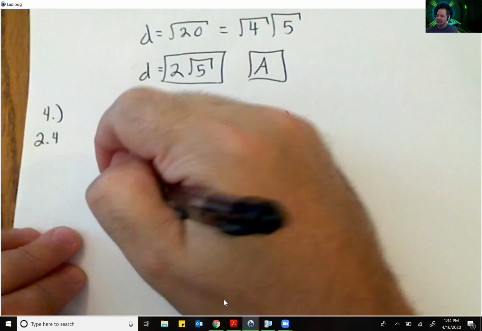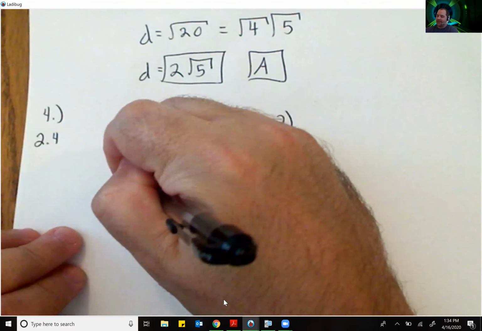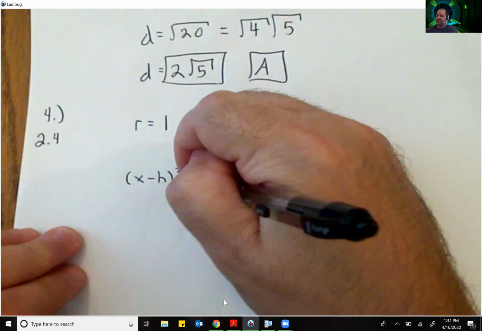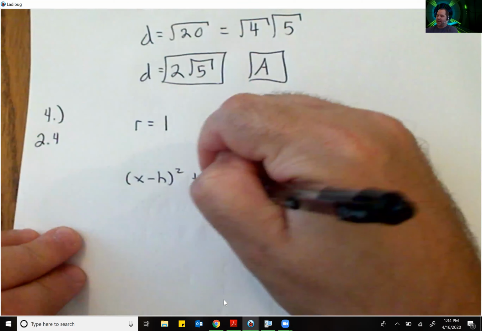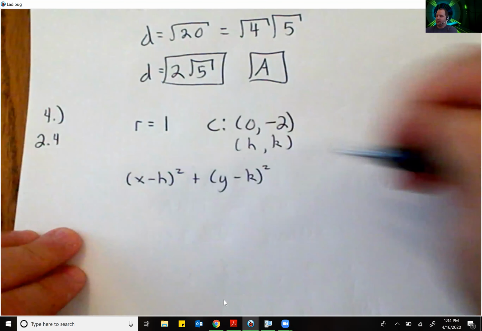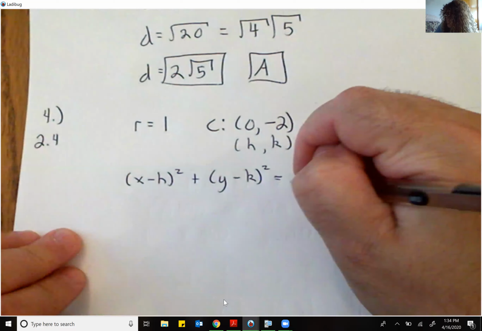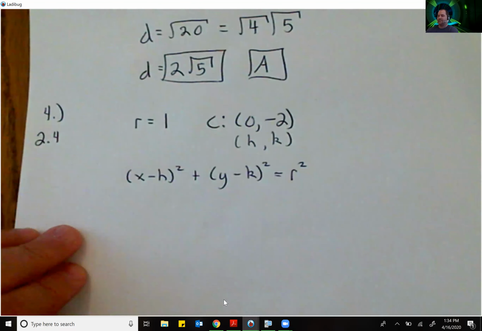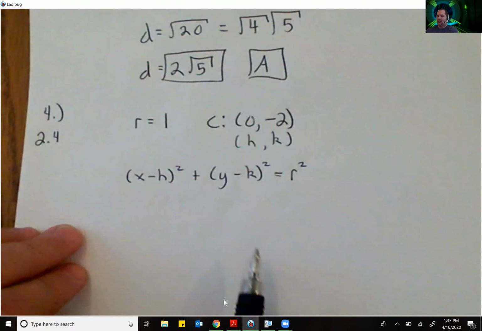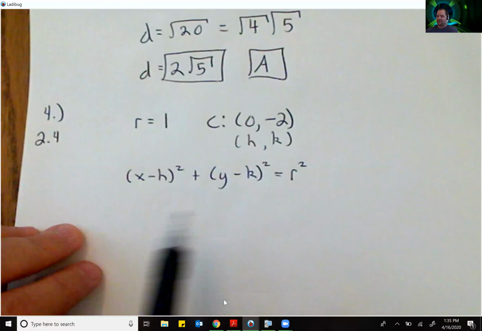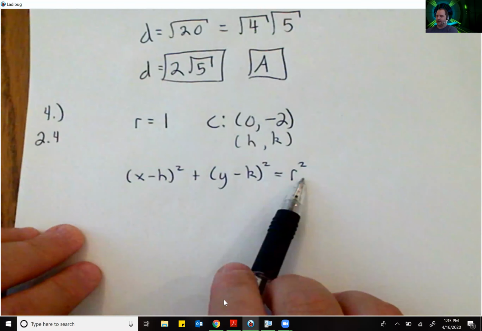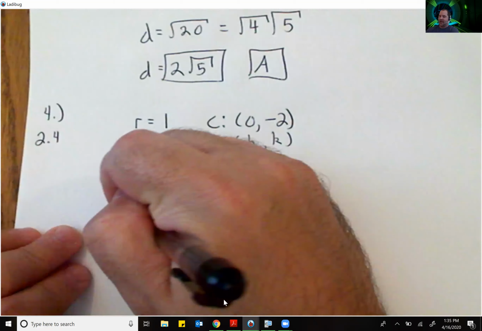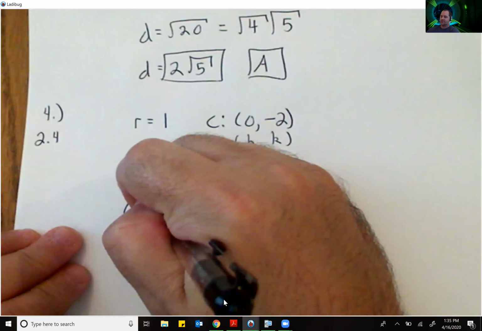Okay, so it is parenthesis x minus h squared plus parenthesis y minus k squared equal to r squared. All you have to do is plug in the r, the h, and the k and do any squaring. Okay, that's all they want you to do. So if we go in here, this is x minus, what's our h value?